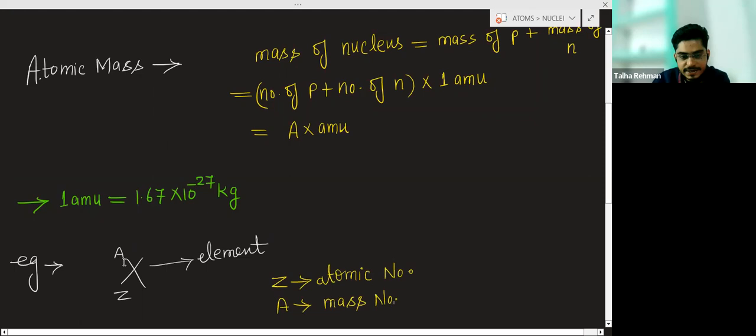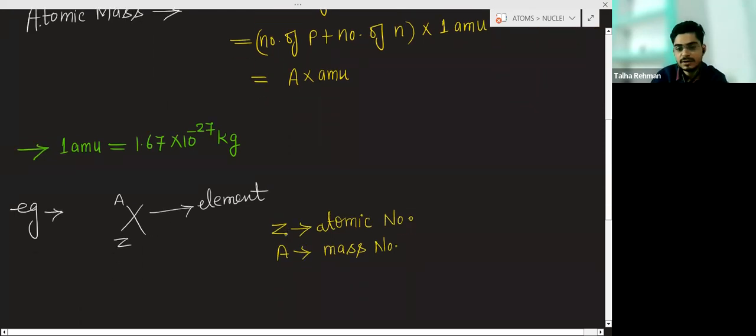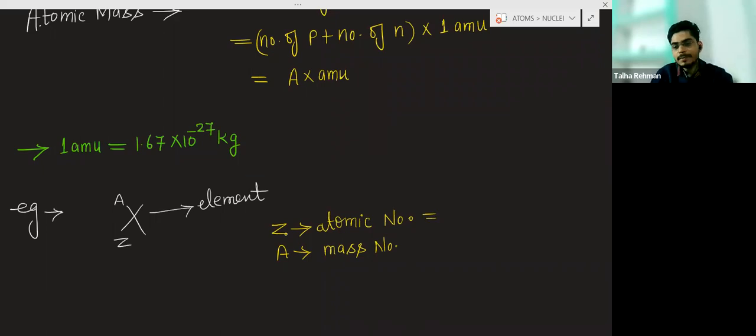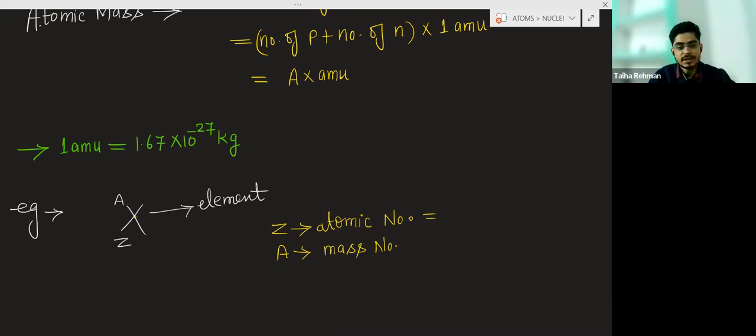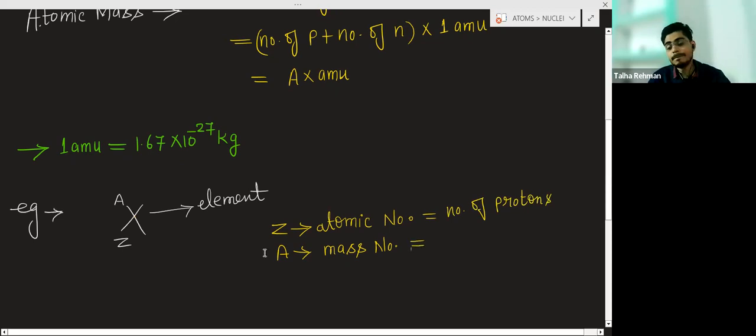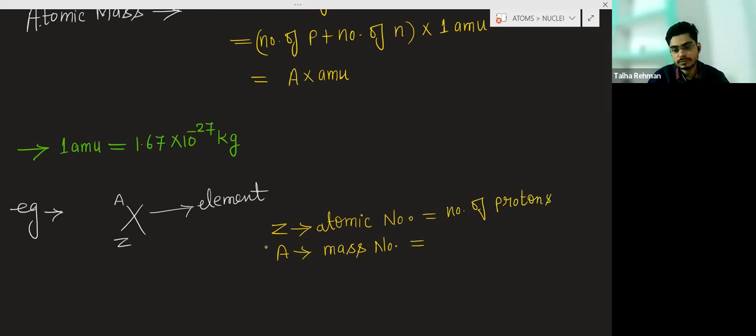Atomic number is equal to the number of protons inside the nucleus of this element, and mass number is representing the number of nucleons, meaning the number of protons plus neutrons inside the nucleus.